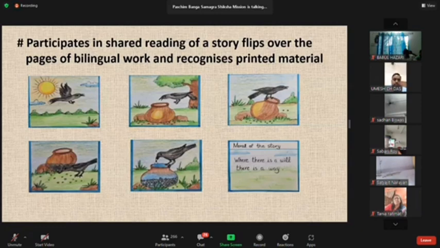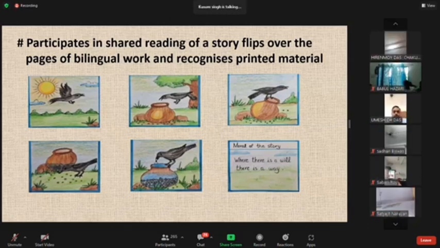But in those cases also, we can give English exposure by indicating the picture elements, like what is this? This is a sun. Who is this? This is a crow. With this type of conversation, gradually those who cannot tell the story properly will move toward it.